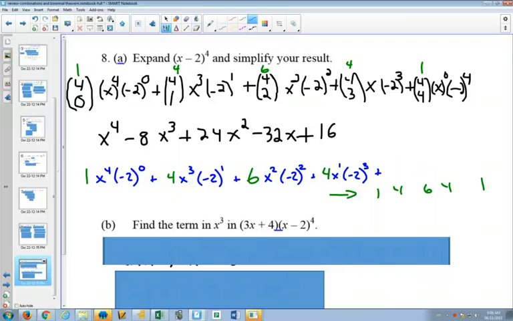And finally, you have your last one, which would have x to the 0 and negative 2 to the 4. So that's using Pascal's triangle. But notice the formula, 4, 3, 2, 1, 0, has that in there as well.